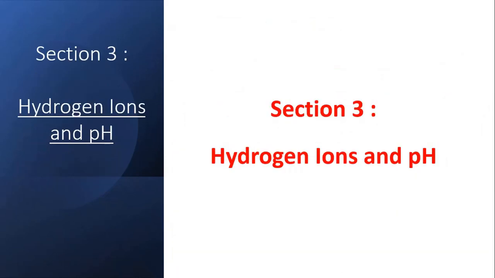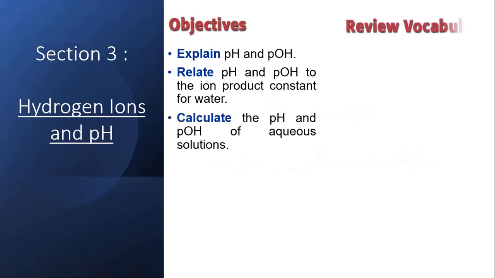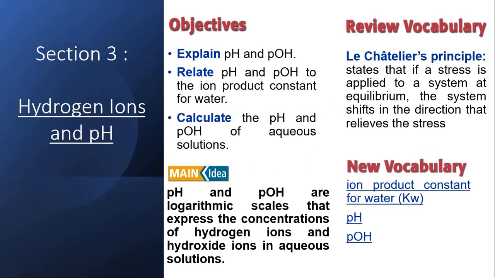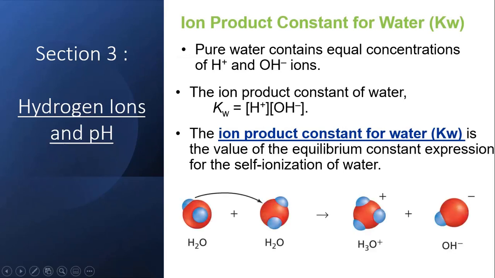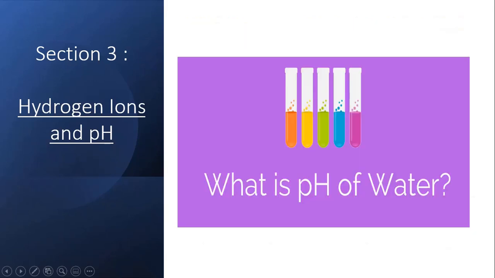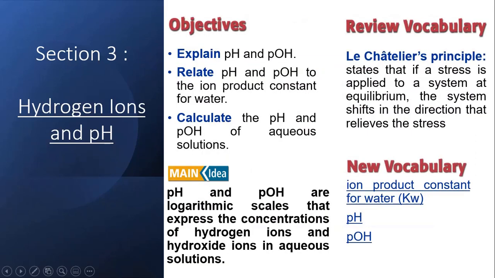The third section talks about hydrogen ions and pH. Hydrogen ions are the H positive. Let me show you the H positive ions. In this lesson, we will talk about three things: the Kw mainly, and then we will talk about pH and pOH.